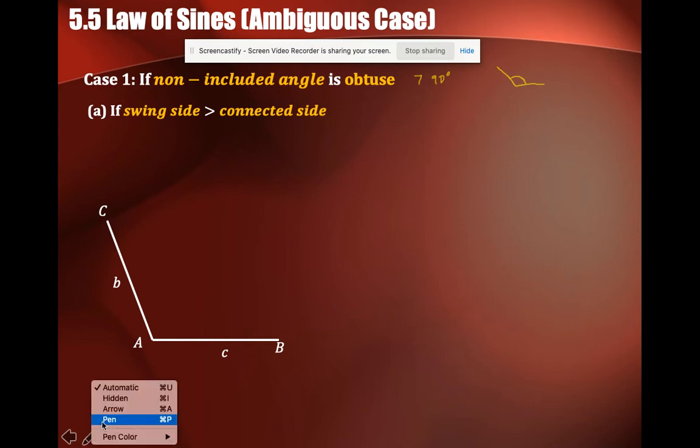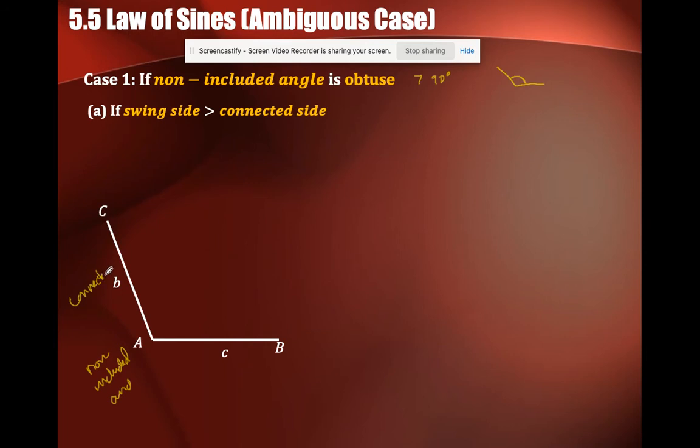Here's my non-included angle. Here's the side that is connected. Here's the base. Where's my swing side? My swing side is going to be attached to C. If this swing side is longer than the connected side, there's only one triangle that I can make.